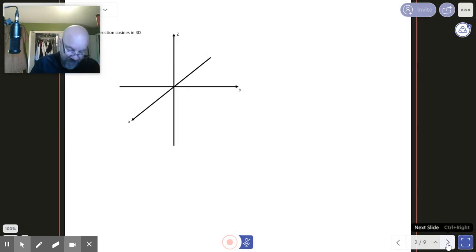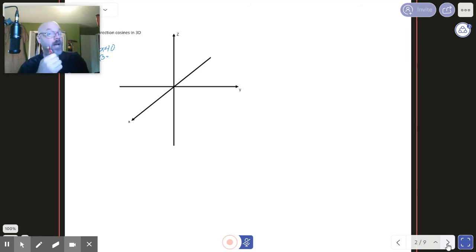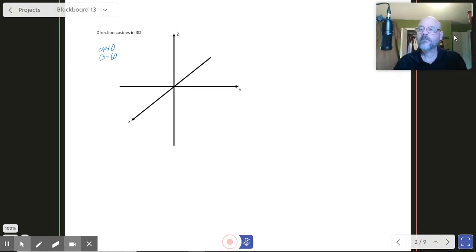So suppose that alpha is 40 degrees and beta is, I don't know, maybe it still is 60 degrees. Let's leave it at 60 degrees. Okay. Now alpha and beta aren't complementary anymore.